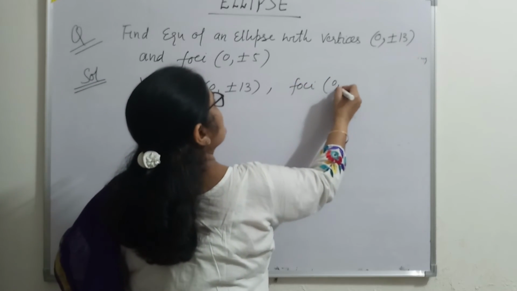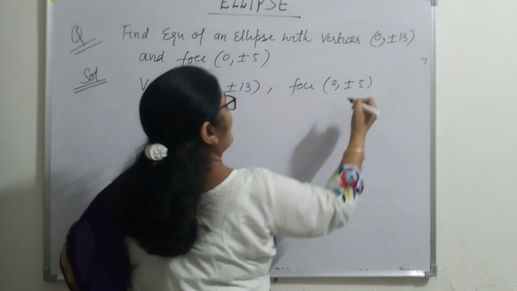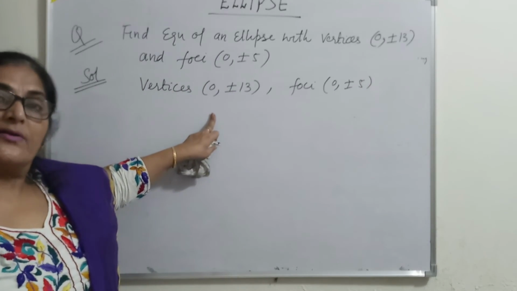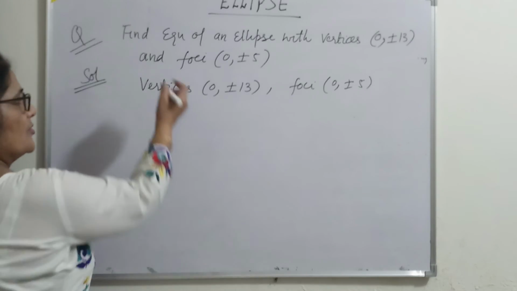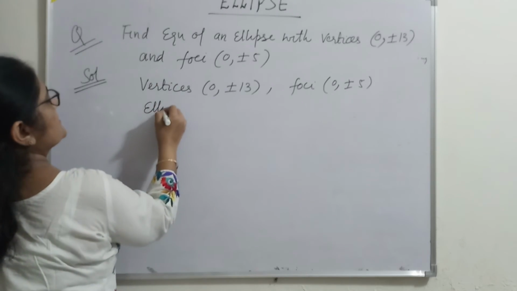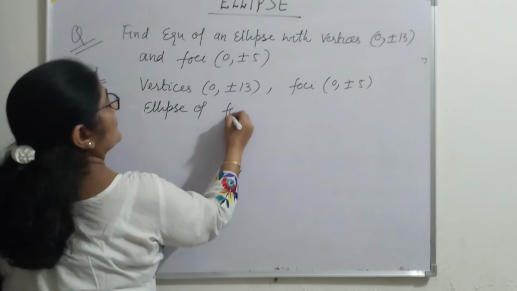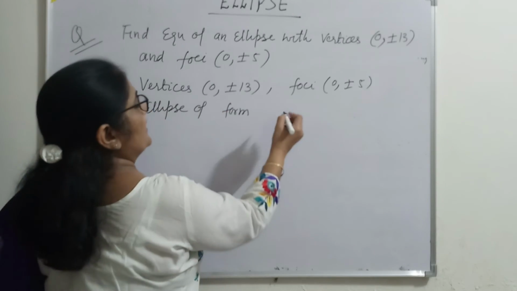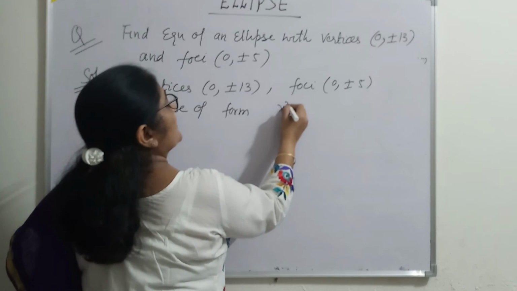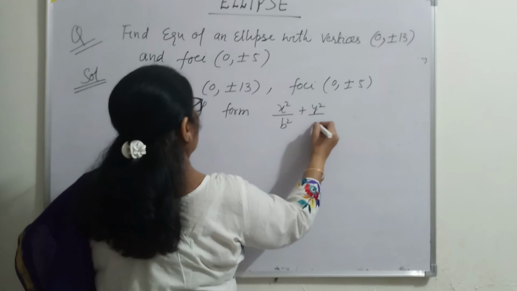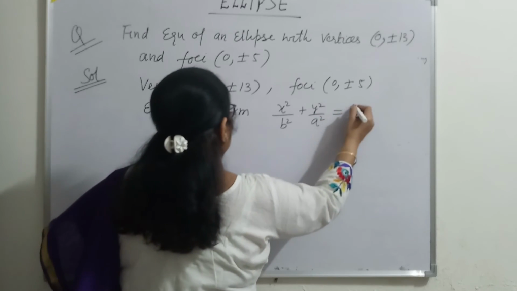The foci lie on the y-axis and the vertices are also on the y-axis. So this is an ellipse of vertical form. What is the vertical form? The vertical form is x square upon b square plus y square upon a square is equal to 1.